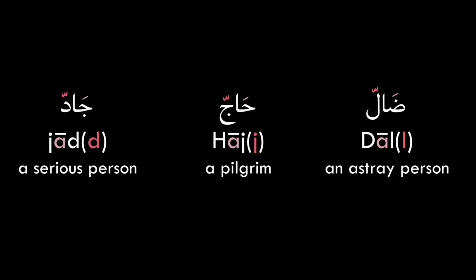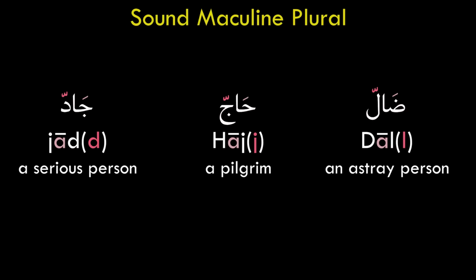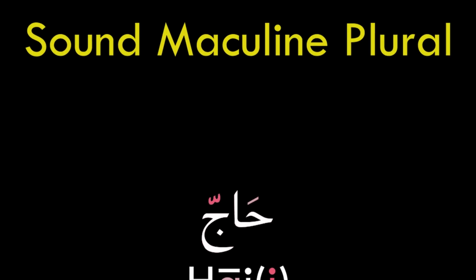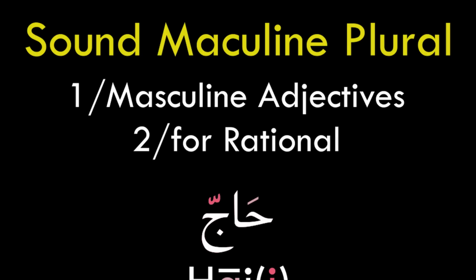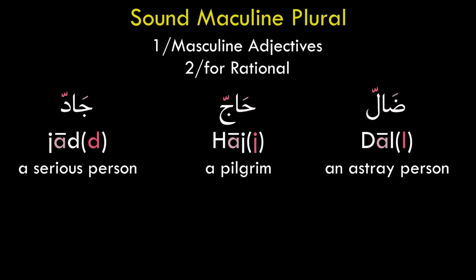Then, to make them plural using the sound masculine plural form, they have to fulfill two conditions. 1, they should be masculine. 2, they should be for a rational. The three examples fulfill these two conditions, so we can turn them into plural using the sound masculine plural form. How to do that?